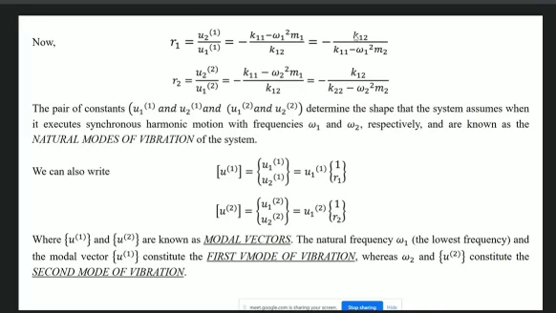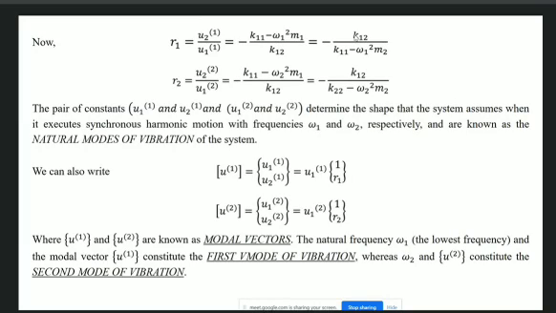So we can have an infinite number of solutions where the shape will remain the same. Shape means the ratio of the elements of that vector will always remain the same. That means the proportionality between them will remain the same.